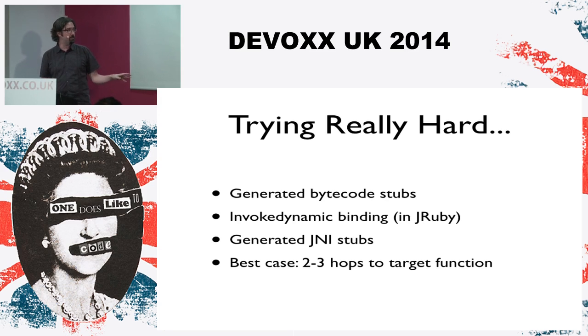Ideally, in the best case, making a call through JNR is really only about 2 or 3 hops until you're actually into the native function call. One for our generated binding on the JVM, one for the JNI stub, and then bam, you're right into the C code. It's basically as fast and with as little overhead as possible, comparable to what you would get if you wrote the C code and compiled it by hand.